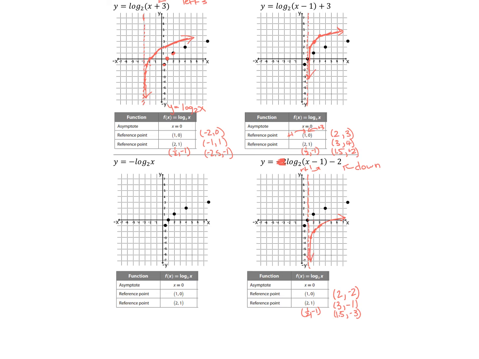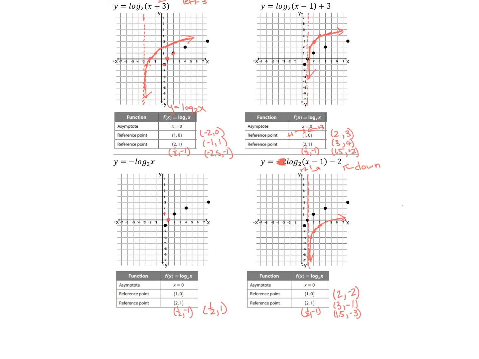So what happens if I do reflect my graph across the x-axis, if I reflect it down? Well, basically my y values, my points just reflect across the x-axis. So my 1, 0 won't change. It will stay on the x-axis. However, my 1/2, -1 will reflect up to 1/2, 1.